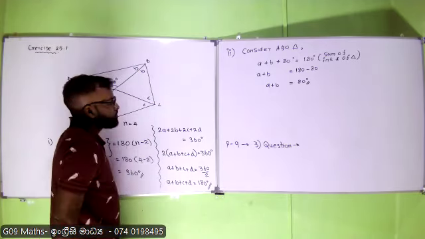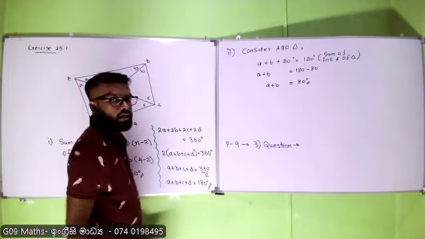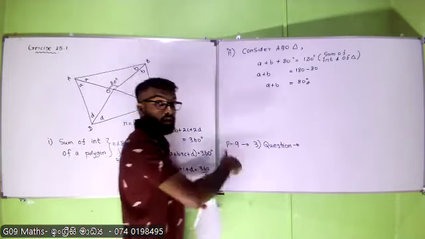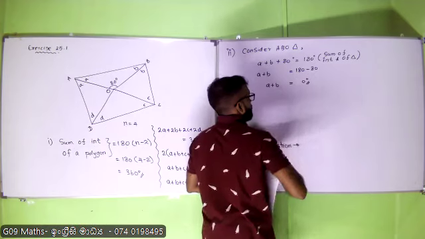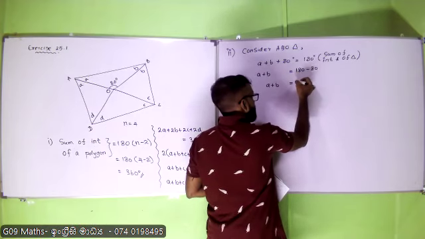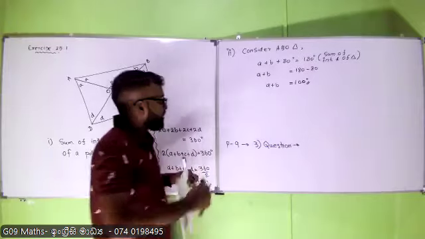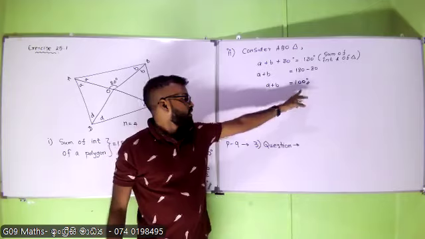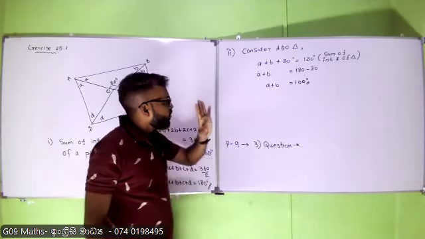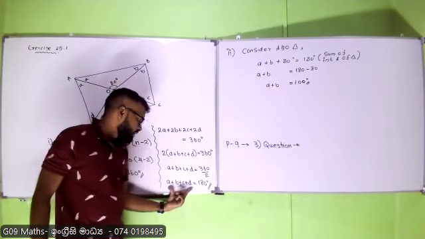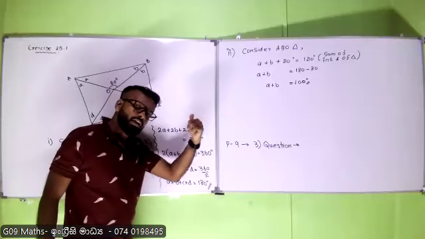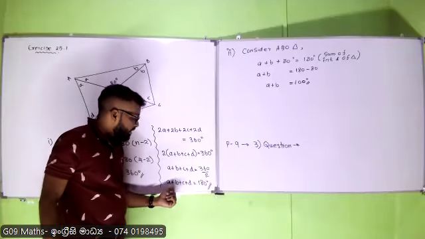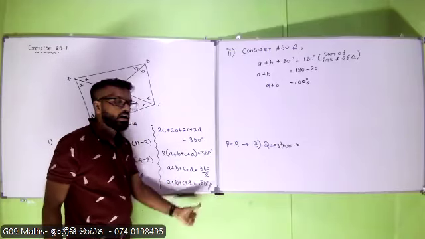So here we have a plus b. Sorry, not 80, 100. 180 minus 80 is 100. A plus b, you know, is 100. Now you have another relationship that you found earlier, which is a plus b plus c plus d equals 180.